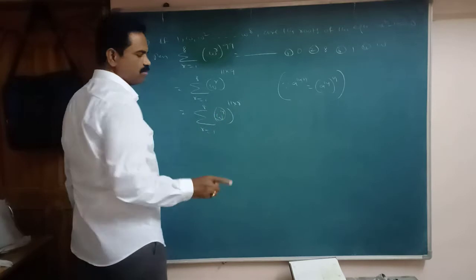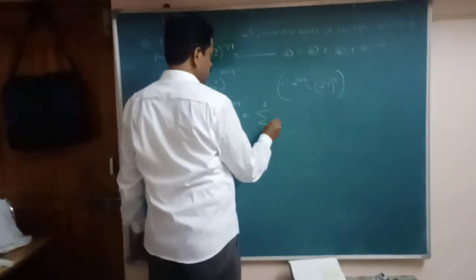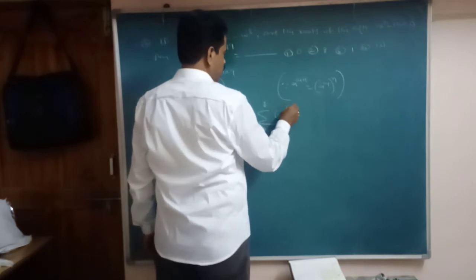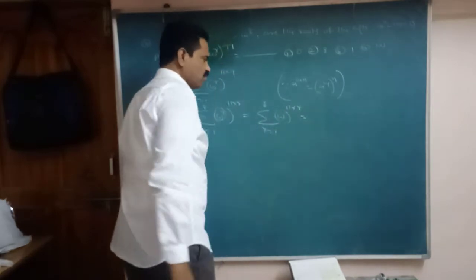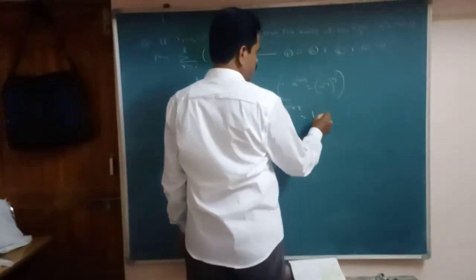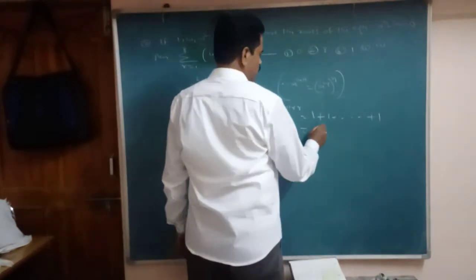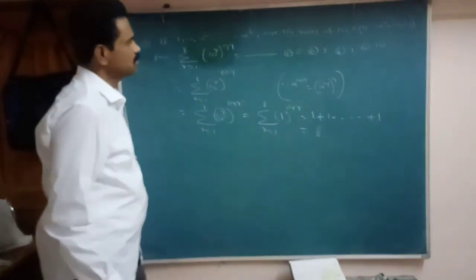Omega power 9 value is 1. So 1 power anything is 1, and up to 8 terms it is 8. So the second option.